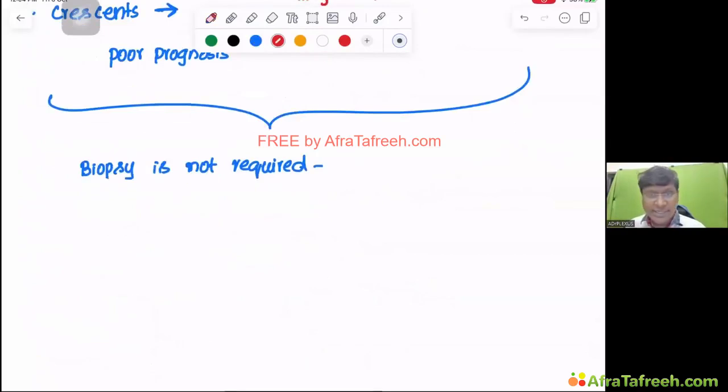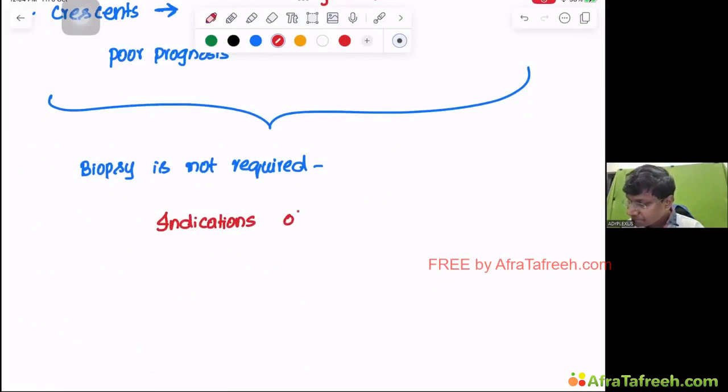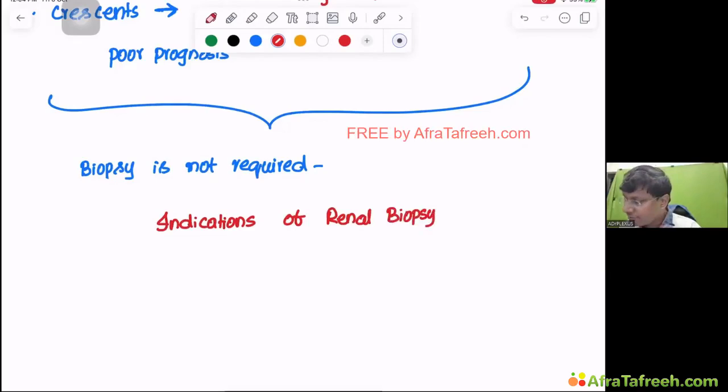But what are the indications of renal biopsy in glomerular diseases?